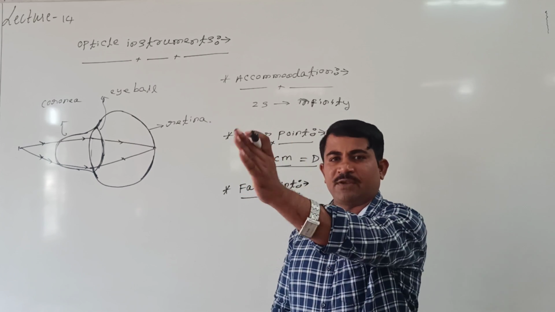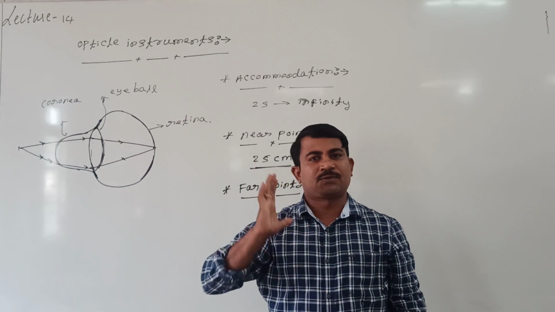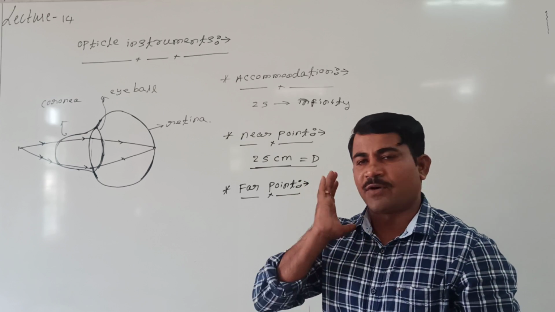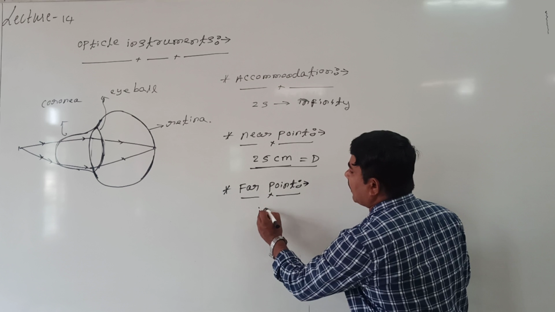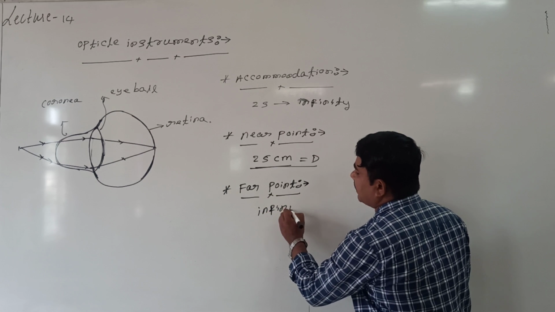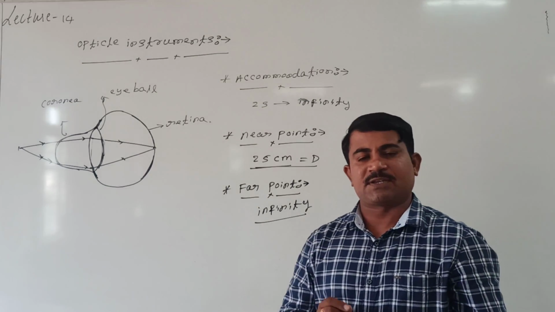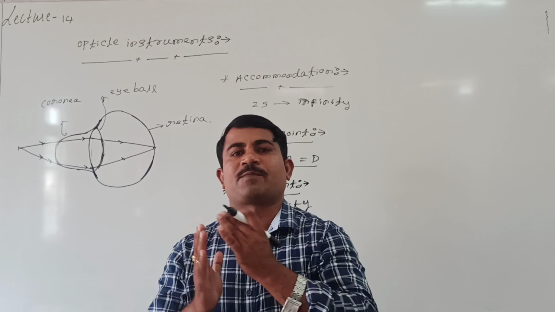If the object is very far, then this eye lens increases its focal length, so that the image of the object can appear on the retina. So that point we are calling far point. This far point nearly lies up to infinity. I mean, the object is at infinity, and the eyeball changes its focal length such that the image can appear on the retina. That we are calling far point.